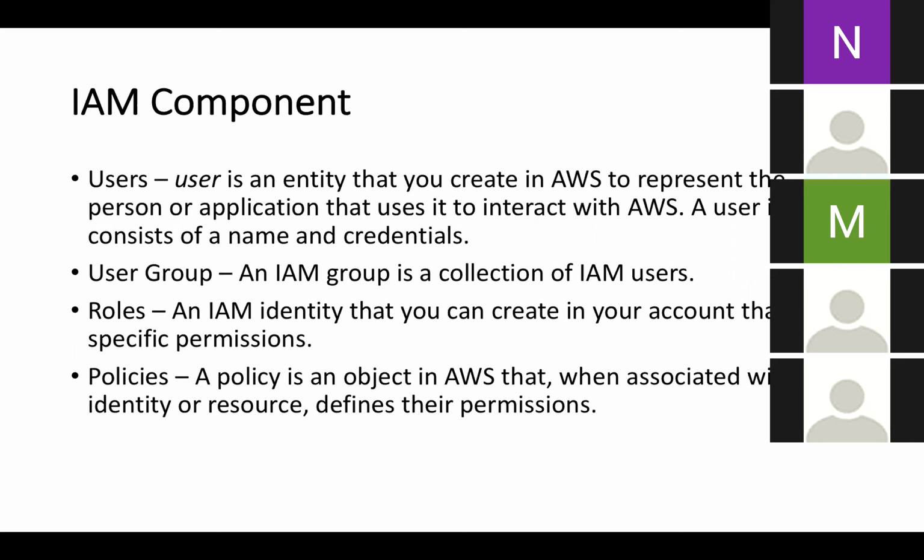And what I'm doing is I'm creating a role, let's say a read-only role, and I'm assigning that read-only role to a user. So I'm making my job a little bit easy. Let's say I have 100 users in my AWS account, right?